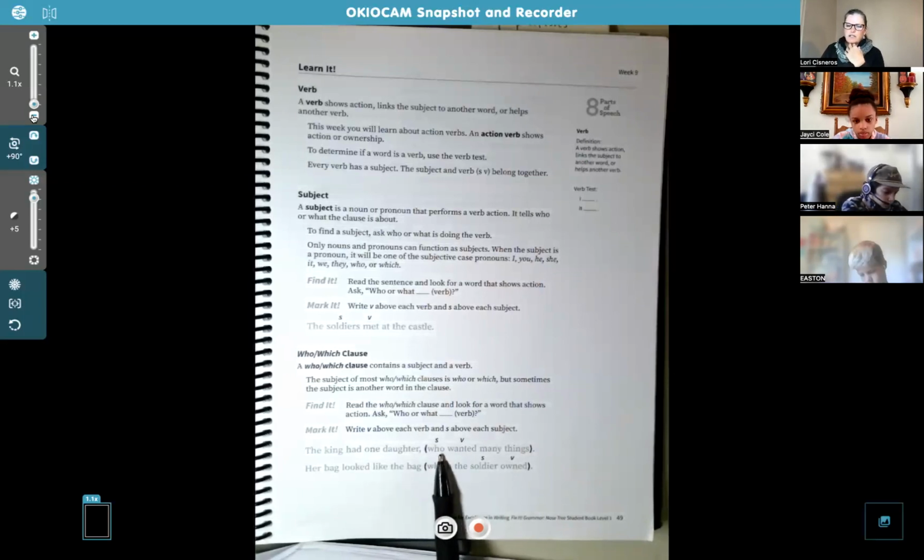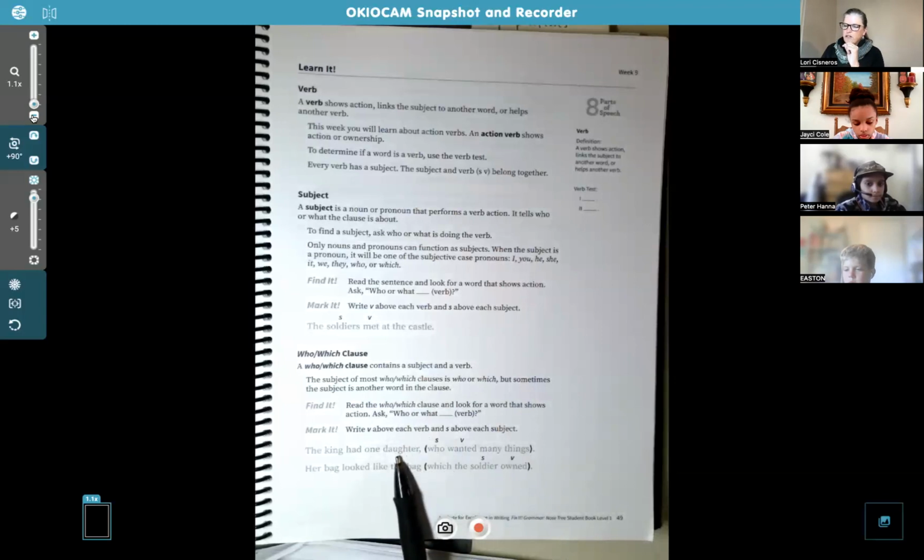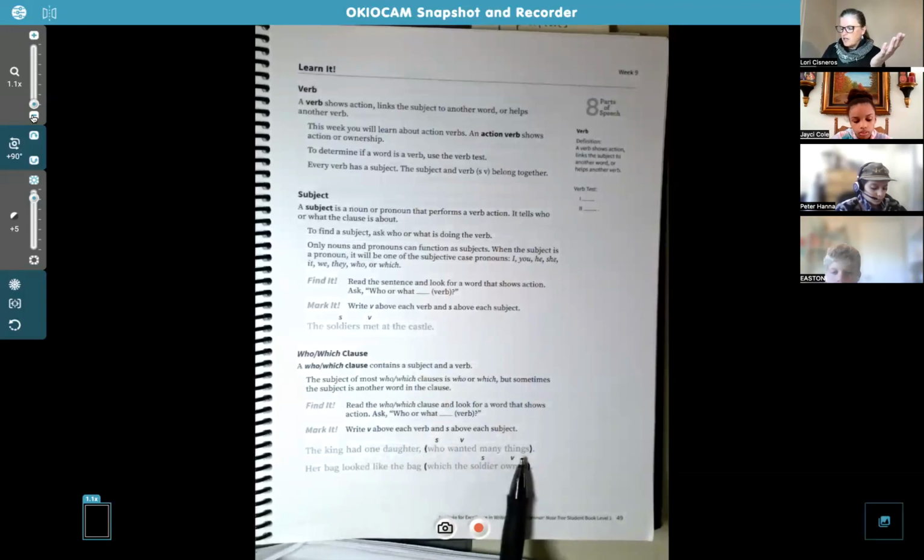And notice the subject is who. The reason is because the whole thing is referring back to the daughter. It's telling more about the daughter, right? So it's going to be the subject of this clause here. And then the verb inside the clause is wanted.